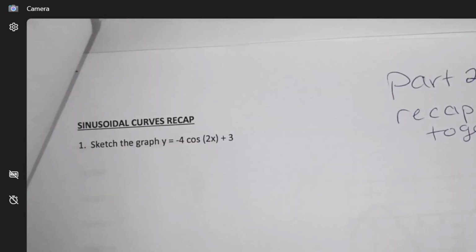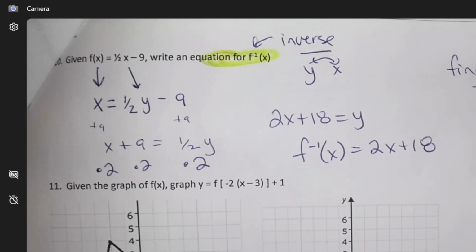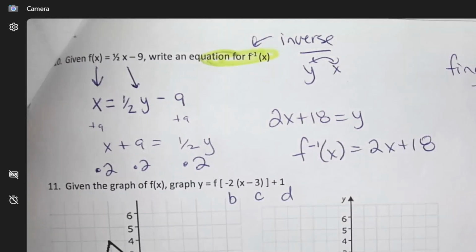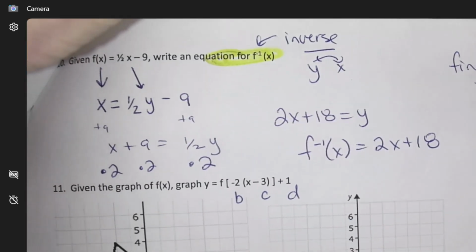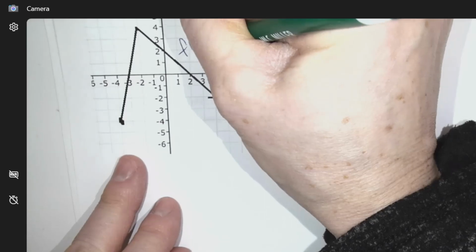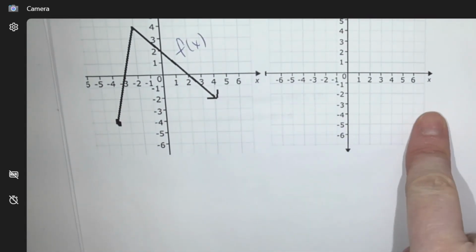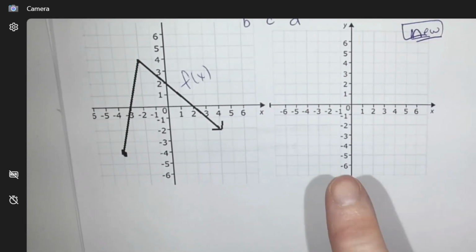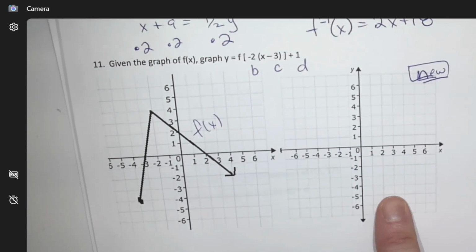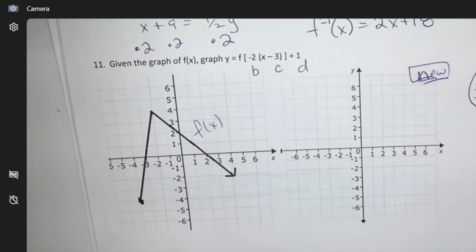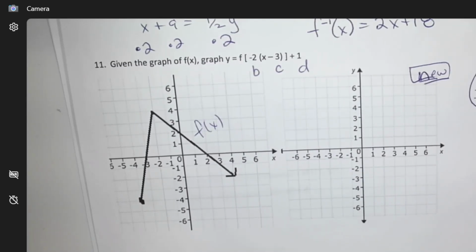Okay, last question of this section. Okay, we have a B, a C, and a D. So I was given the graph of f of x, and I'm going to get a new graph. So here's what I have to do to the coordinates. X divided by -2 plus 3 and y plus 1.